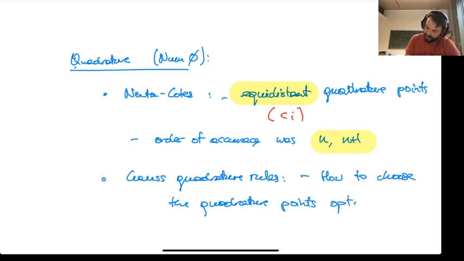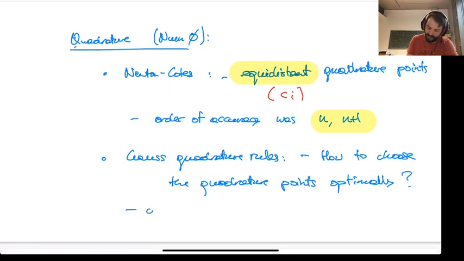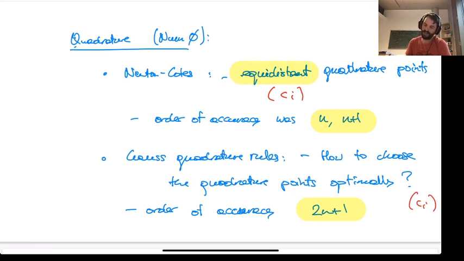So in this case, this was asking how to pick the c_i optimally to get the best order of accuracy, and there we found that we managed to get order of accuracy 2n plus 1. So by moving the c_i around in quadrature, we ended up getting 2n plus 1 order of accuracy.